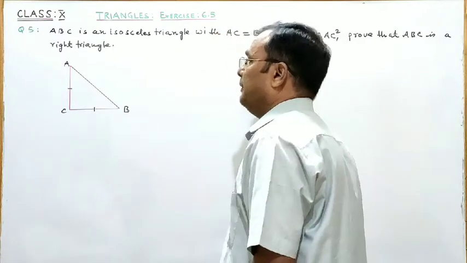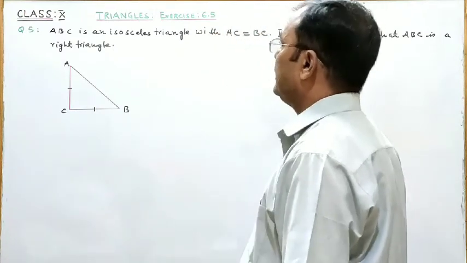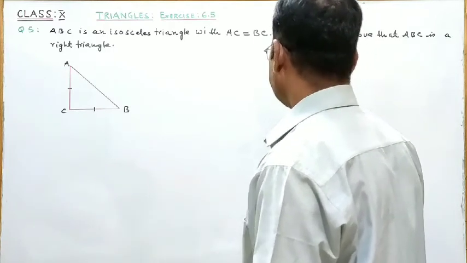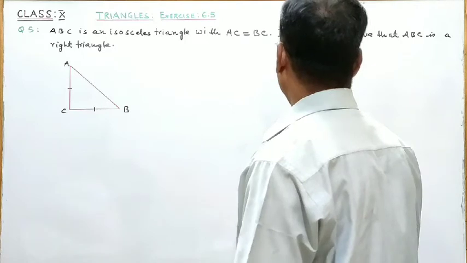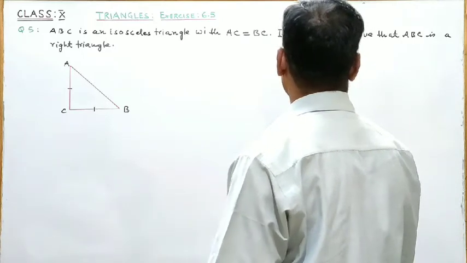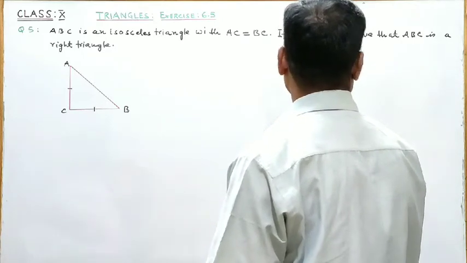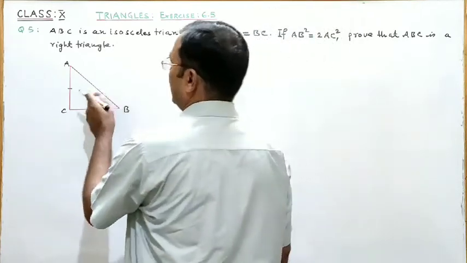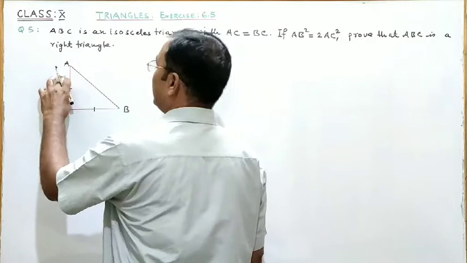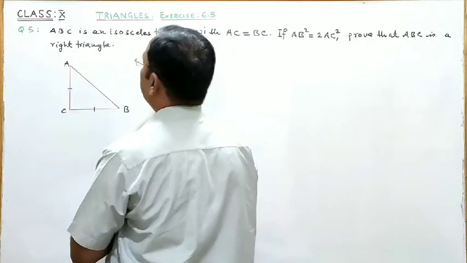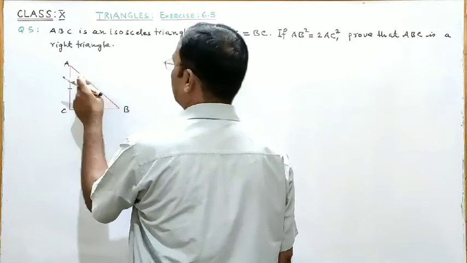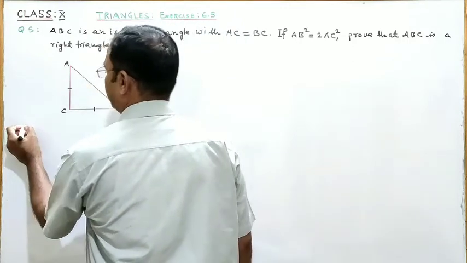Now question number 5. ABC is an isosceles triangle with AC is equal to BC. If AB square equal to 2AC square, prove that ABC is a right triangle. In this triangle ABC, we are given AC is equal to BC, and also given AB square is equal to 2AC square.